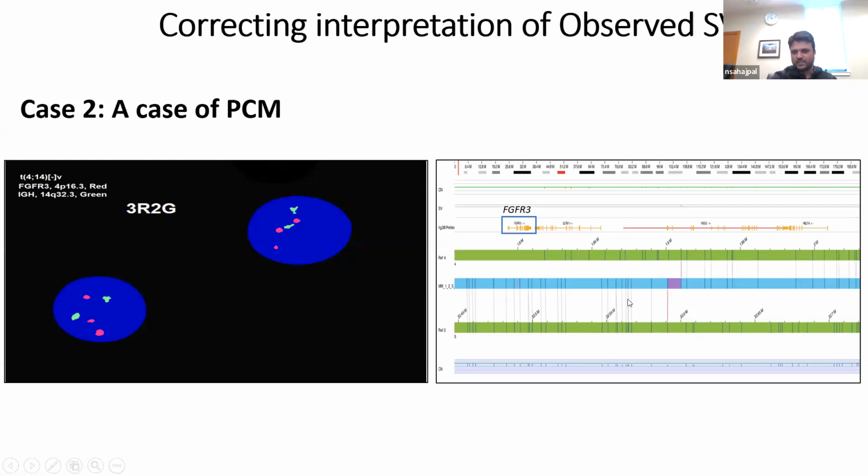While if we look at optical genome mapping, what we can see is that there's no copy number gain, while there's a translocation which misses the FGFR3, and the breakpoint is in the gene which is distal to it, the NSD2 gene. So both of the interpretations, either a gain or a rearrangement of FGFR3, are in a sense incorrect, because the FGFR3 gene is neither amplified nor rearranged.